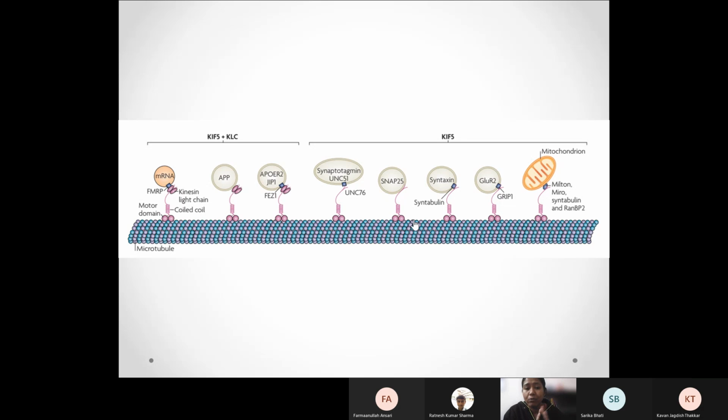It is not very clearly understood how this huge diversity is achieved by kinesins, but there are indications that if it can change the light chains attached to it, or the adapter proteins attached to it, it can change the type of cargo that it is carrying. Okay, all right.